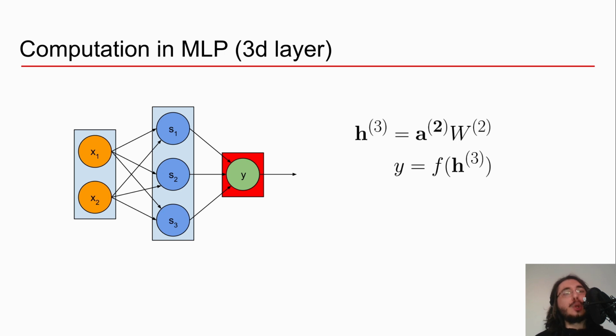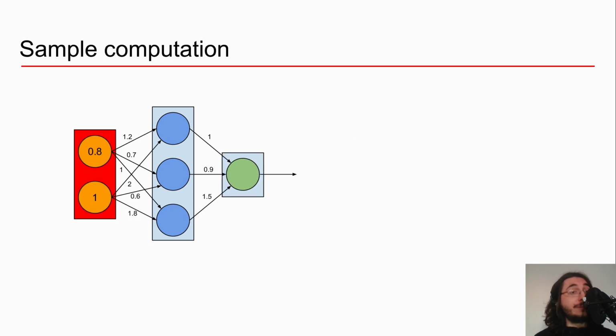I know this was very abstract, but I wanted to give you an idea of the notation we use to explain how the computation works in a multi-layer perceptron. Now we'll look at an example to clarify all the things we've studied so far.